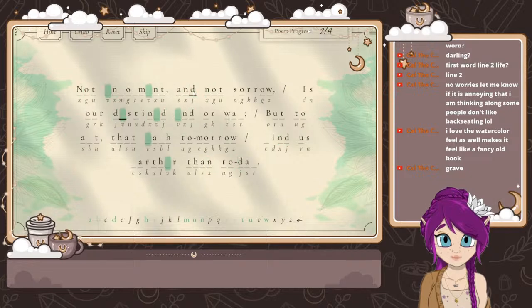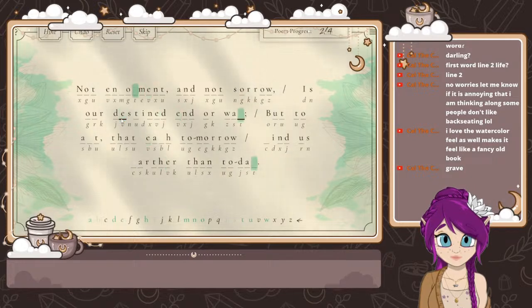And not sorrow is our destined end or way. Enjoyment.